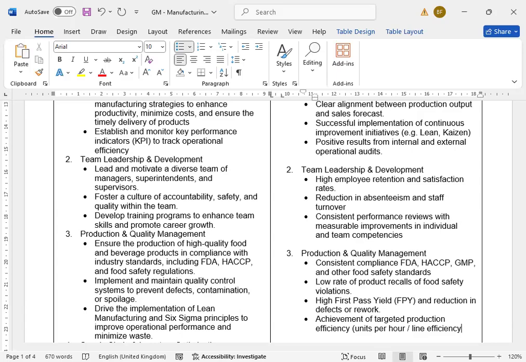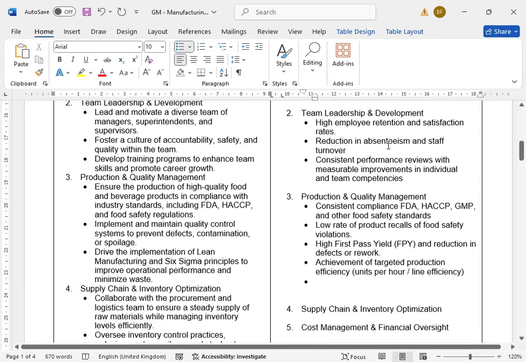And if you have found problems with one or a couple of production lines, then you have to address whatever issue they are having in those lines. That's how you do it.